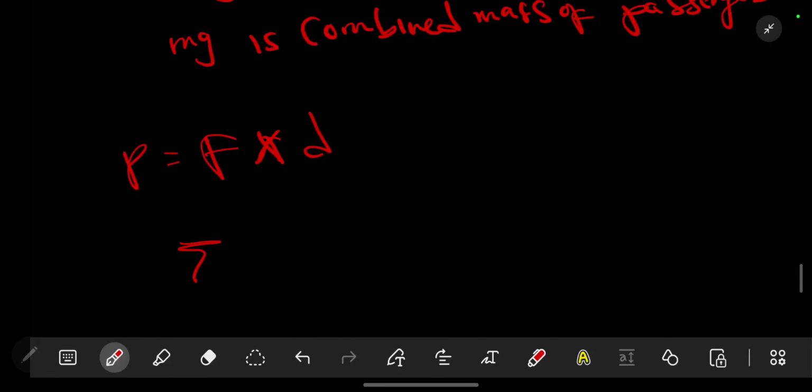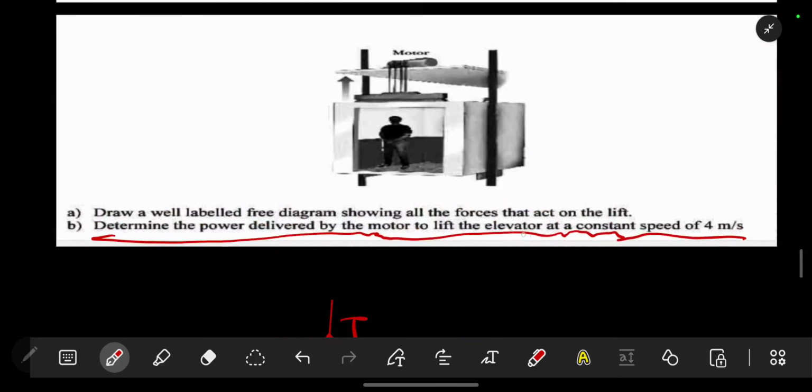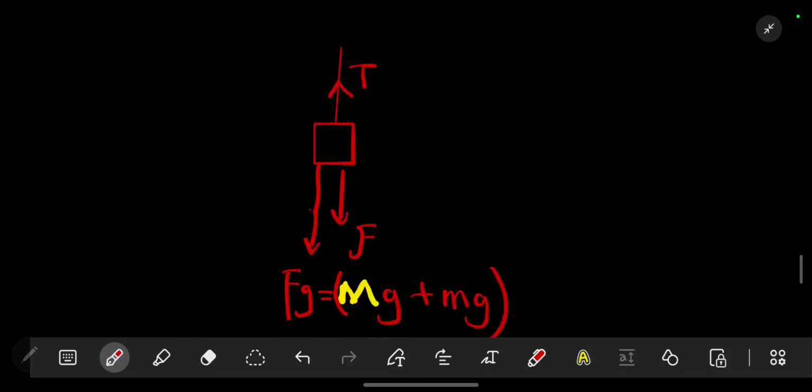So we can say the summation of forces in the y direction, it's going up, should be equal to 0. Why 0 instead of ma? Because the speed is constant, and if the speed is constant, the acceleration is equal to 0.